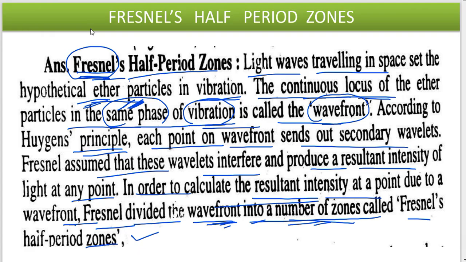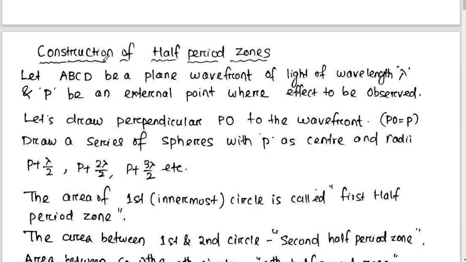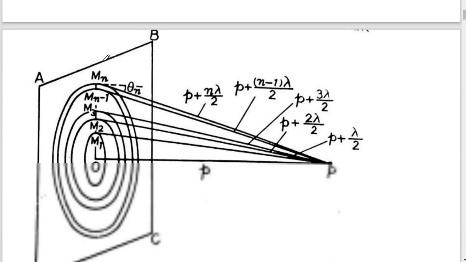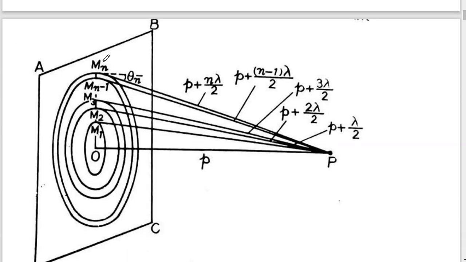From the diagram, let's discuss what Fresnel half period zones are and how they can be constructed. First of all, look at this figure. These are the Fresnel half period zones. There is a plane ABCD, and this is the point P. We draw normals from point P towards the plane, and we draw small circles: the first circle, second circle, third circle, fourth circle.